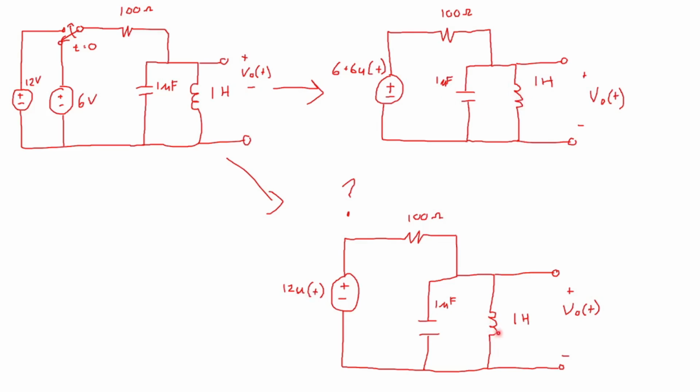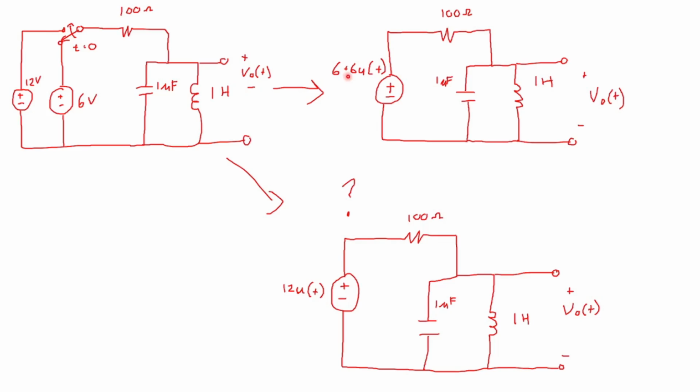So when we go to the s domain, the source will look the same, the capacitor and inductor will not between these two calculations. Okay. So in reality, I'm going to use the first picture to take the Laplace transform.